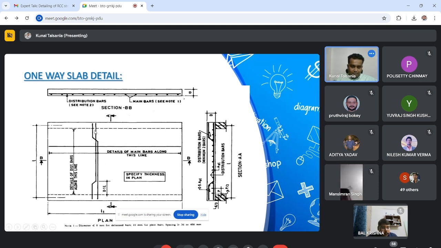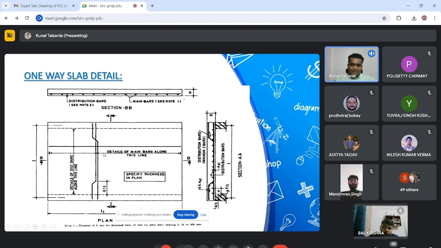You can show both bent up steel like this, and one straight bar. So one straight bar, one bent up steel, one straight bar, and one bent up steel. Otherwise, you can also provide it like this, which the code has suggested, with one bent up on one side. So one reinforcement has its bent up here, and another reinforcement has its bent up here. As I said previously, you have two options.